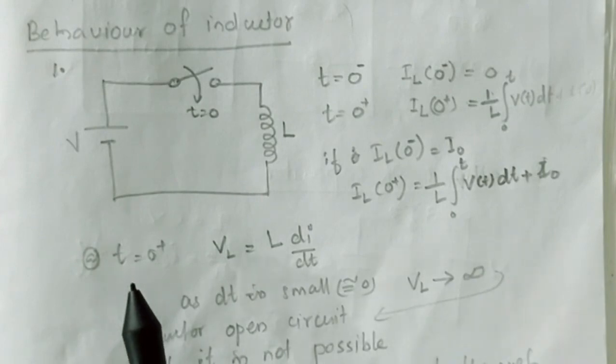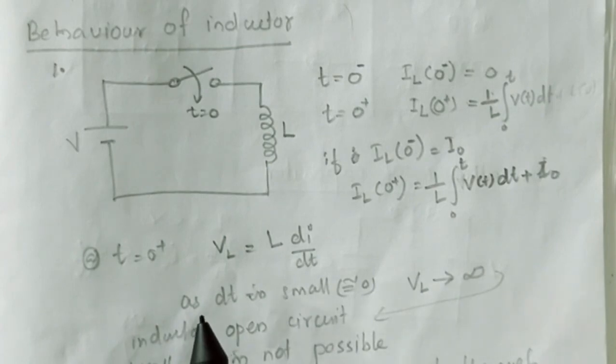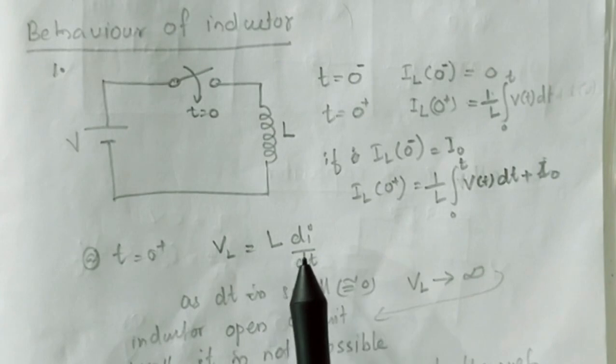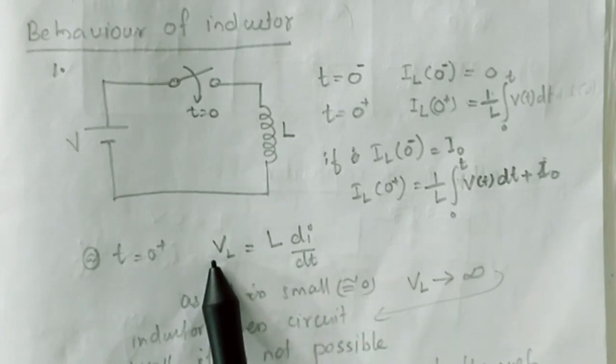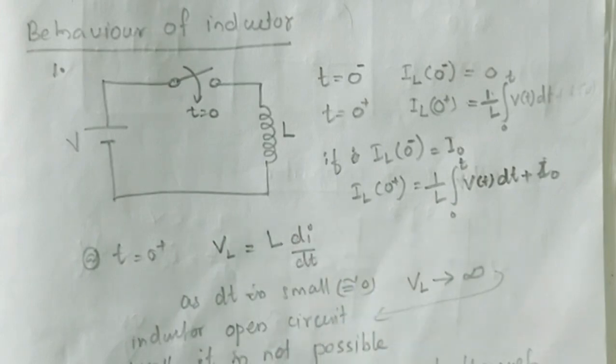So at t is equal to 0 plus, that is immediately after switching, the inductor voltage becomes L into di by dt. As I mentioned earlier, dt is very small, 0 time. So under that condition, what is VL? If dt is 0, this entire part becomes infinity.